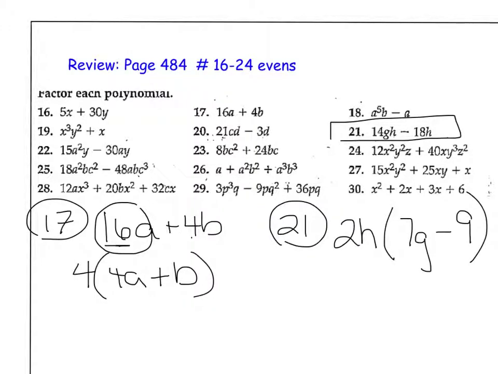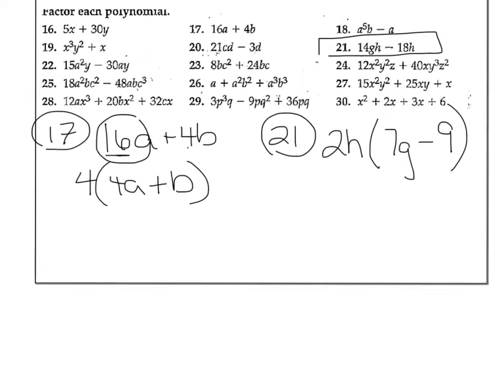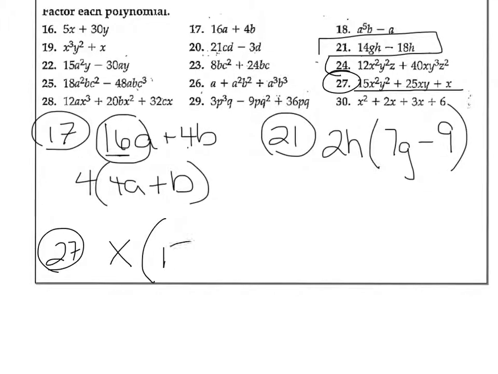The other one that I wanted to look at with you is number 27. You've got 3 different terms in this one. So you really have to pay close attention to what all 3 have in common. And the only thing that they have in common is an x. So that is the only thing in 27 that we can factor out, an x. So when we rewrite it, 15x squared y squared turns into 15x y squared.